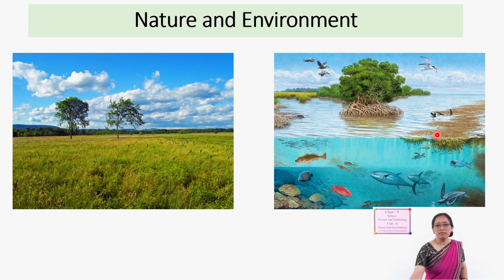There is soil also. So this is an environment. This is the nature where we live. Whatever things are present around us or in our surroundings make our nature, our environment.